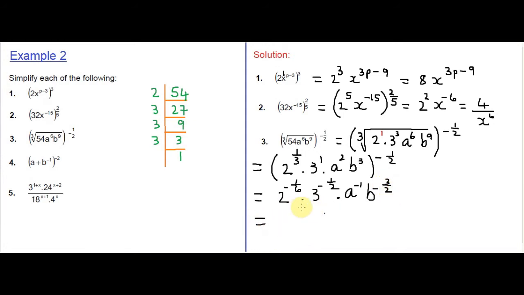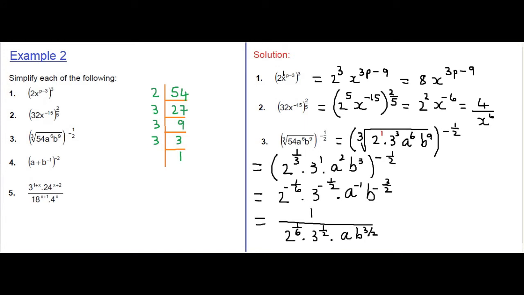Now, note that all the powers are negative, so we can write it as 1 over everything, and the powers become positive. And this is about as far as we can go.